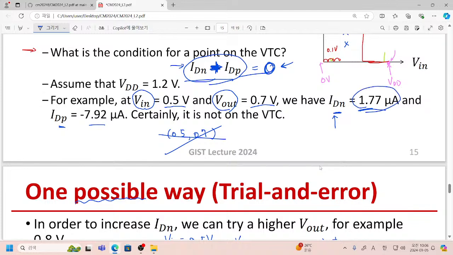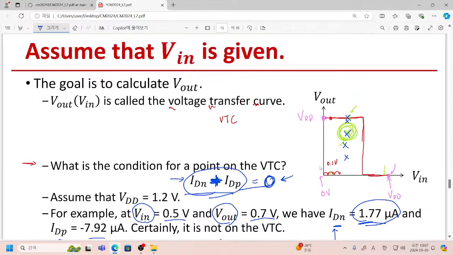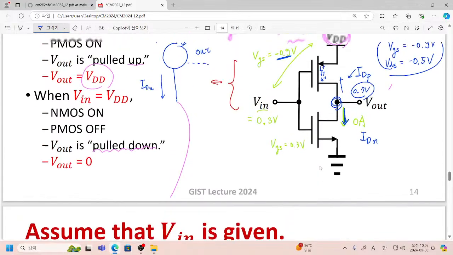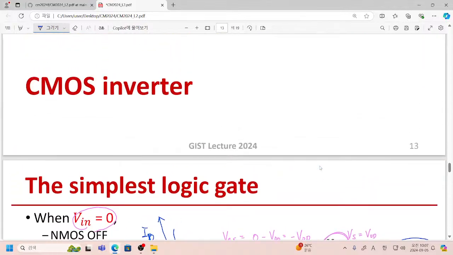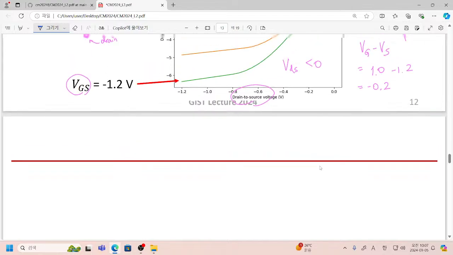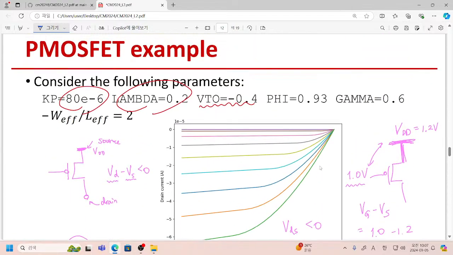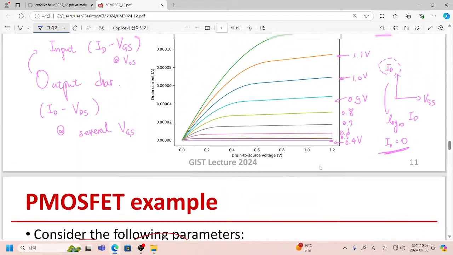One way to increase NMOSFET current is, yes, if you increase your VDS value, then you will have higher drain current. Why? Please have a look at your output characteristics.